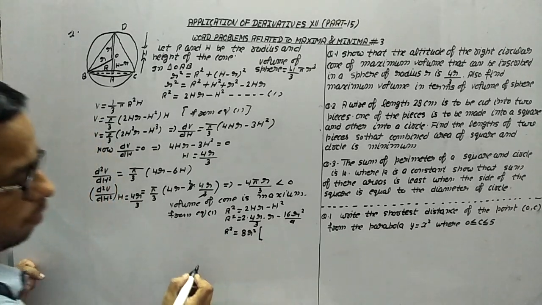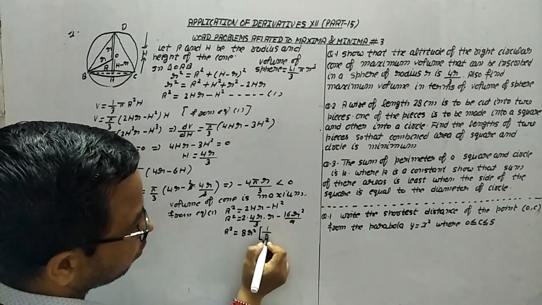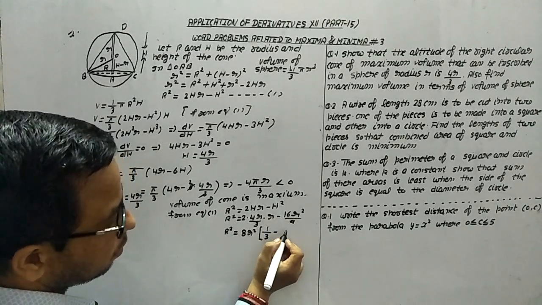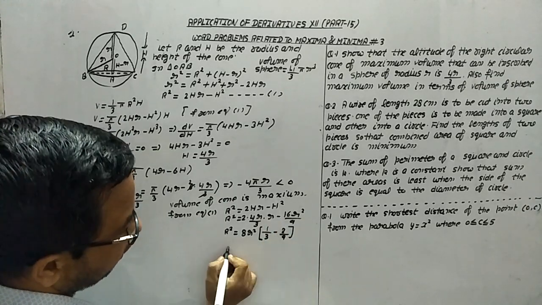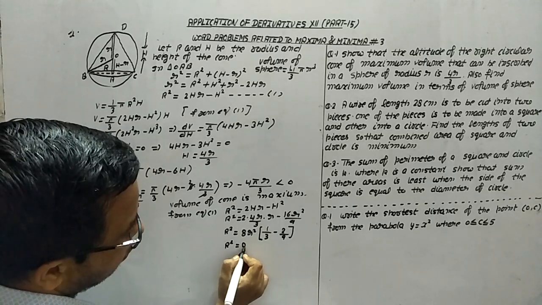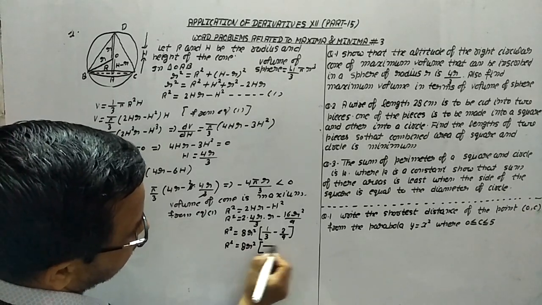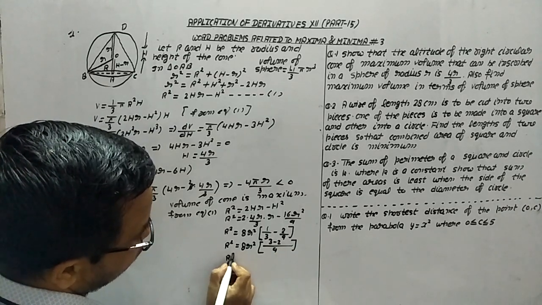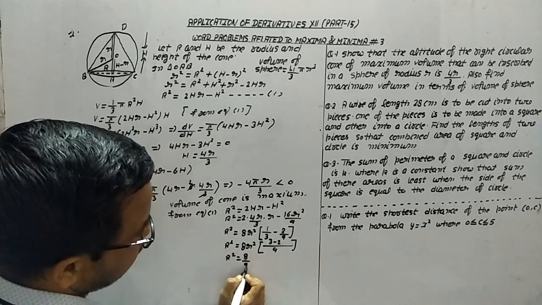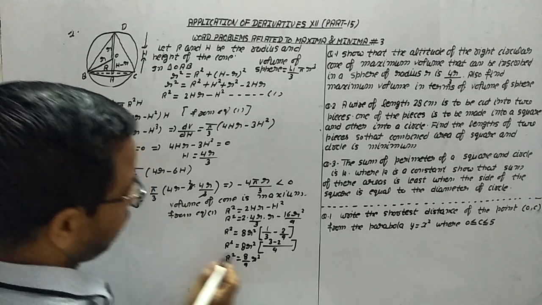When 8r square is common, what is left is 1 upon 3 minus 2 upon 9. 9 is the LCM, 3 minus 2. It means R square is equal to 8 by 9 r square.